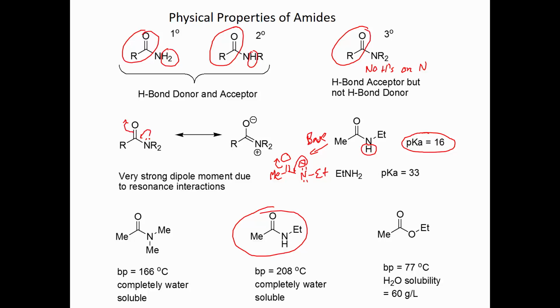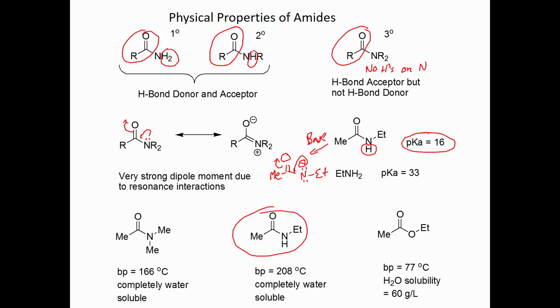The carbonyl oxygen of an amide tends to be an extremely good hydrogen bond acceptor because it's got a little bit of basicity associated with it.